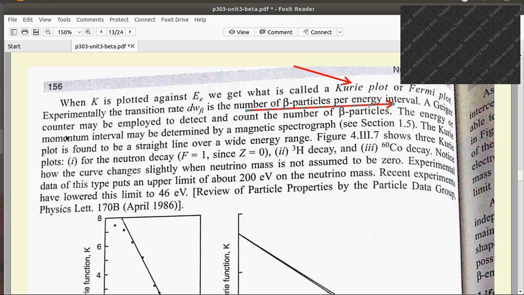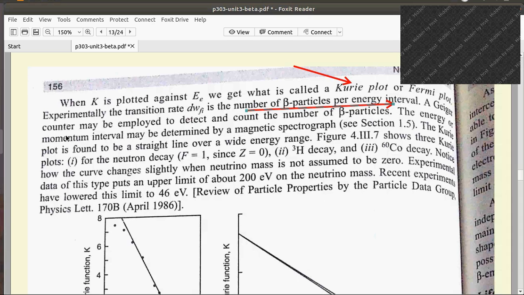I hope all of you remember that we studied the beta ray spectrograph in the 4th semester. In that we applied a magnetic field to the electrons, and according to their energies, they fell on different spots and formed different semicircles.